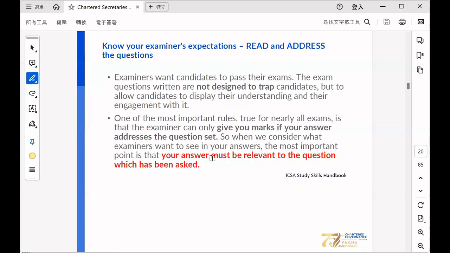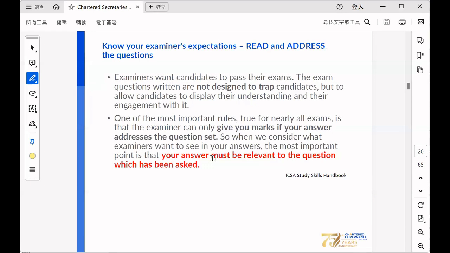I think I have shown you examples of topics which are very similar, but you can see that they're answering things at a different angle. So what you cannot do is to recite the marking scheme in the past paper and then put it into the answer in another paper.